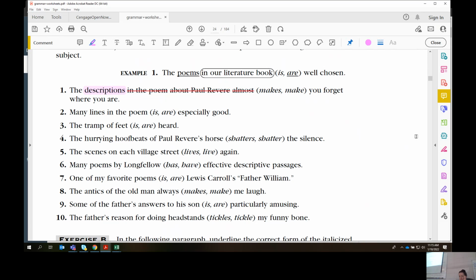If your subject is plural, whether it's Ty and Xavier, or people, or children, or girls, whatever, if it's more than one in any kind of way, you cannot have an S on the verb. So which verb do I need? Exactly. Descriptions, make.